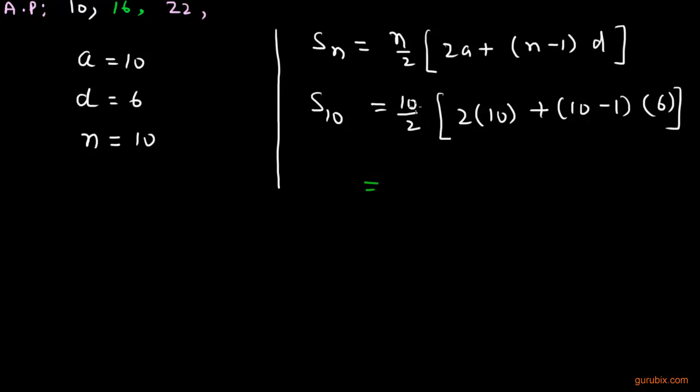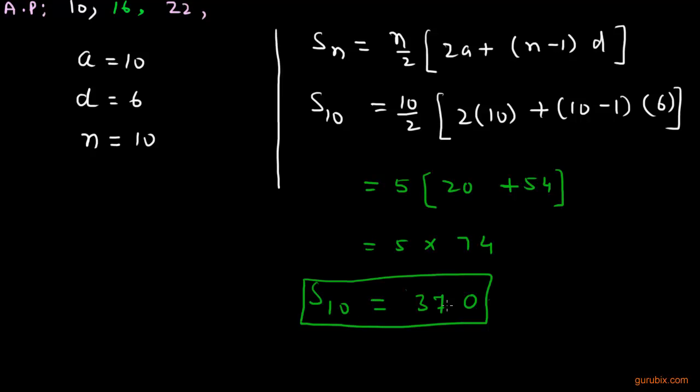So if we divide 10 by 2, we get 5, and here is 20 plus 54. This is 5 multiplied by 74.